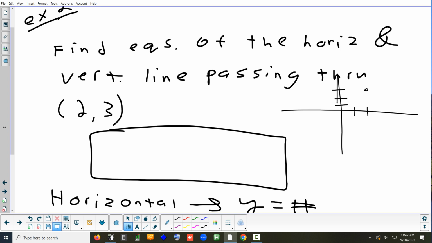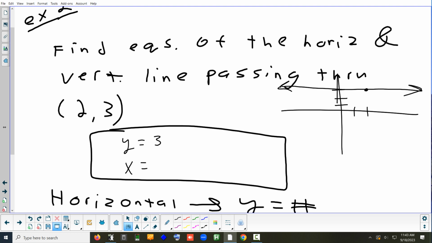Let's start with the horizontal. Horizontal line always has what letter on the left? Y equals. And then we put the number that we want it to go through. So what would be the equation of that line? Y equals 3. That's the horizontal line that goes through the point 2, 3.